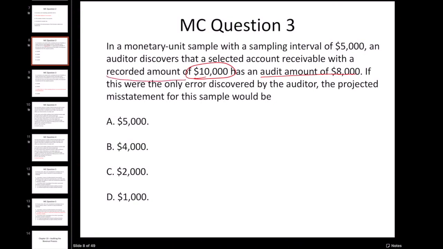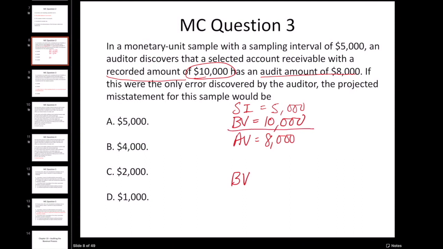All right, so the recorded amount means book value is 10,000, audited value is 8,000, and the sampling interval is 5,000. If this is the only error discovered by the auditor, what is the projected misstatement? All right, so we know here that the book value of this item in the sample is greater than the sampling interval, right?